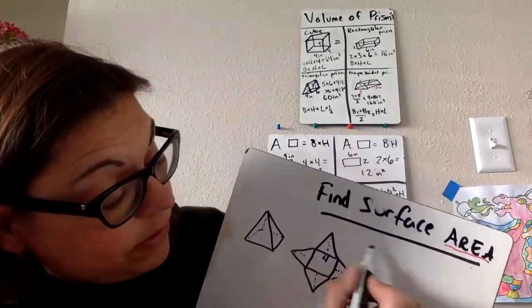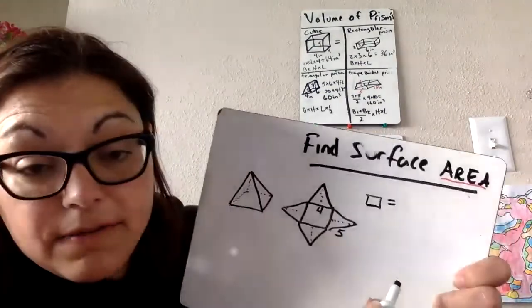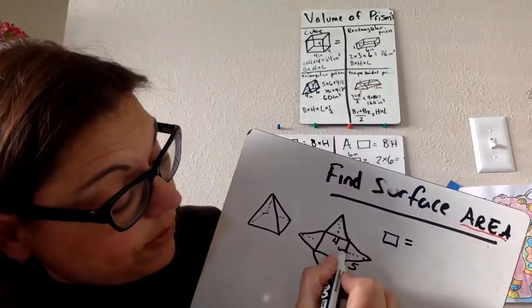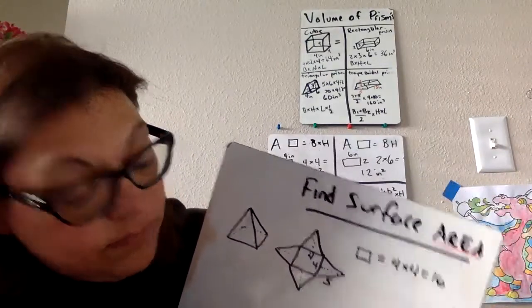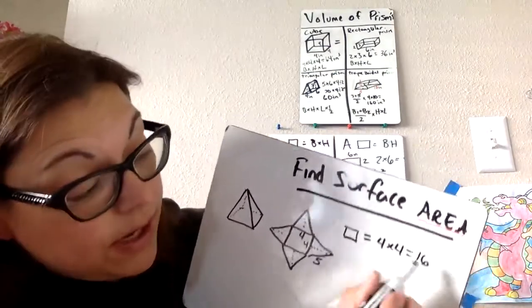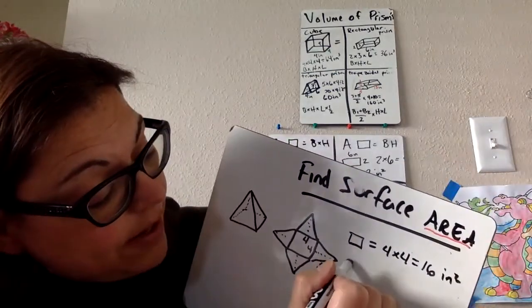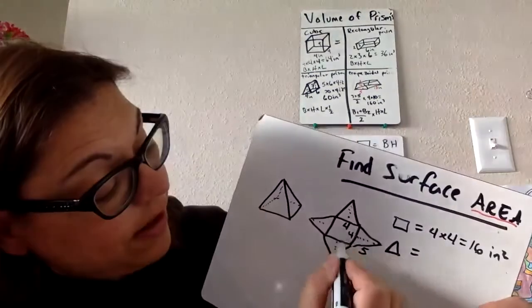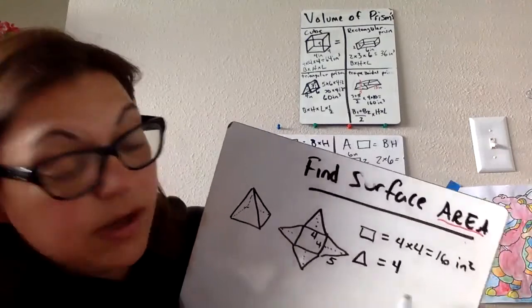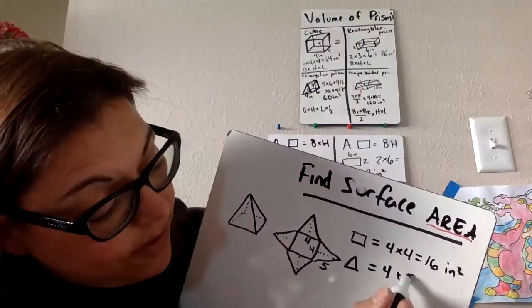So let's do our square first. So the area of this square, we know it's a cube, so it's 4 times 4, which is 16. Pretty easy, right? Inches squared. Now I have the triangle, and I have the area, the base is 4, and we know the height is 5. And what do we have to do?